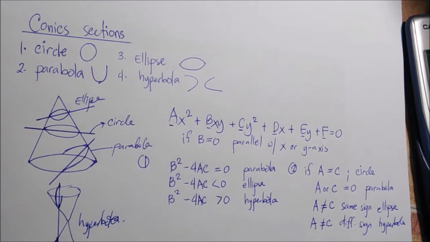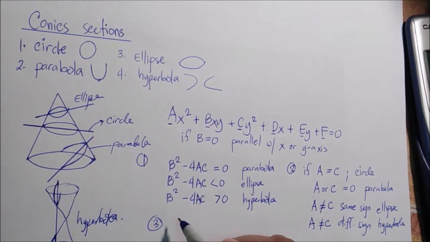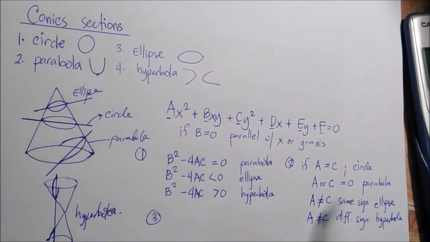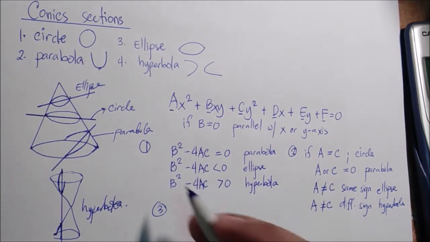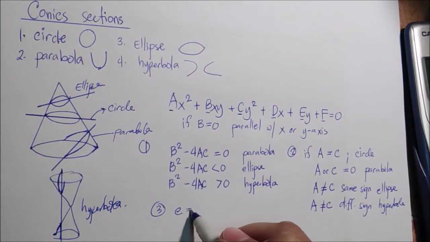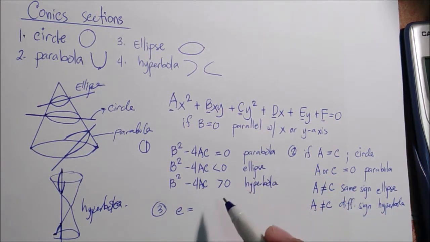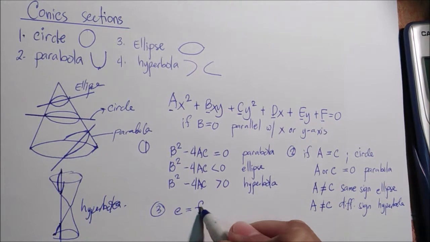If given also the eccentricity, this is the third one. Given the eccentricity e, this is the ratio of the distance from any point on the conic section to the focus and to the directrix.